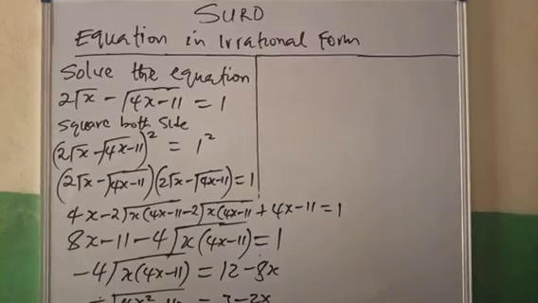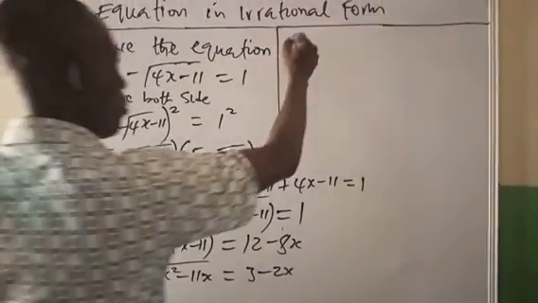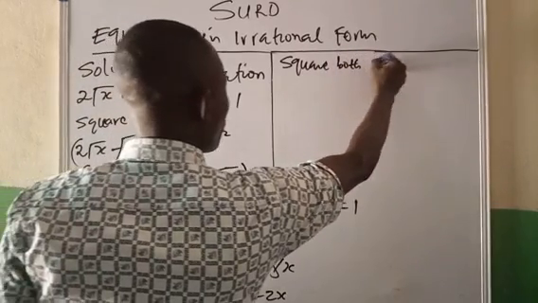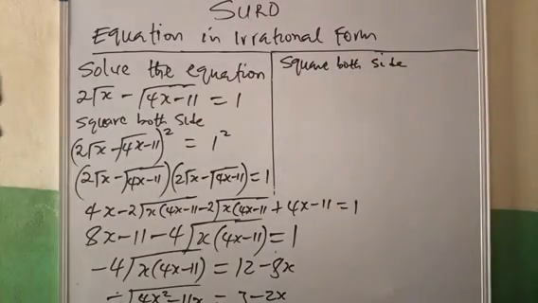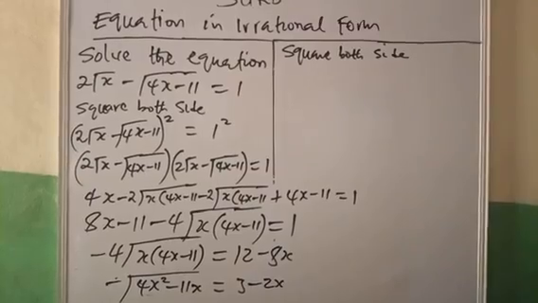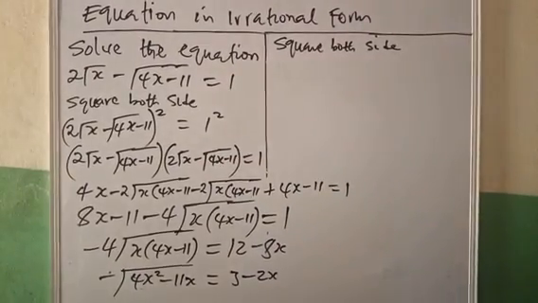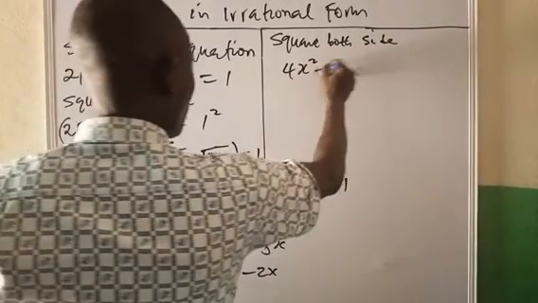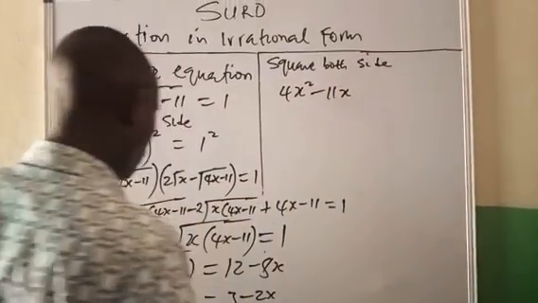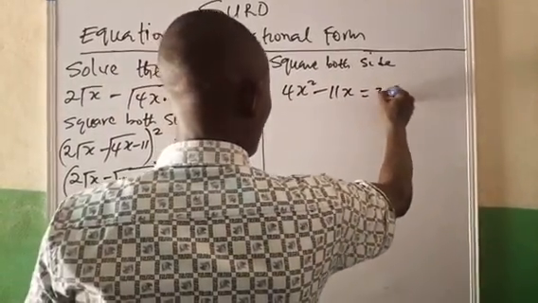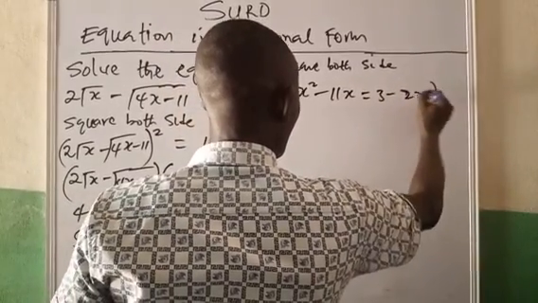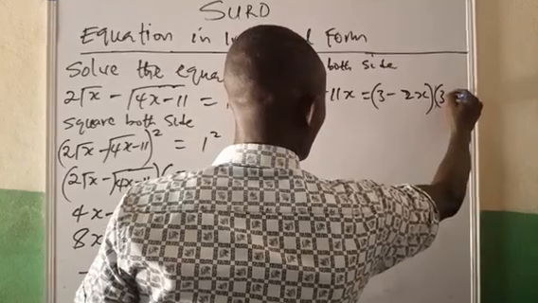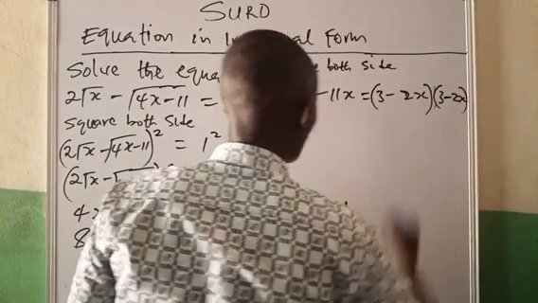If I square both sides, this square root will go. So I have 4s squared minus 11s will be equal to (3 minus 2s)(3 minus 2s).